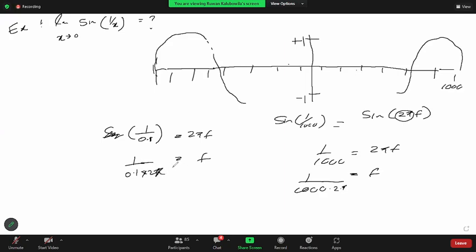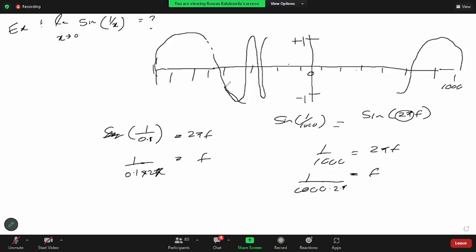That means you can see f is increasing as x reaches 0, right? Here 0 is there. When x is larger, the frequency is very low, but when you come to 0, the frequency goes higher.